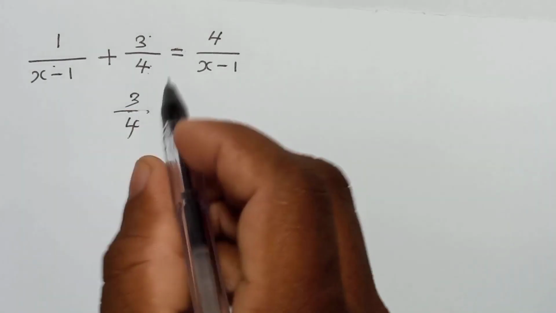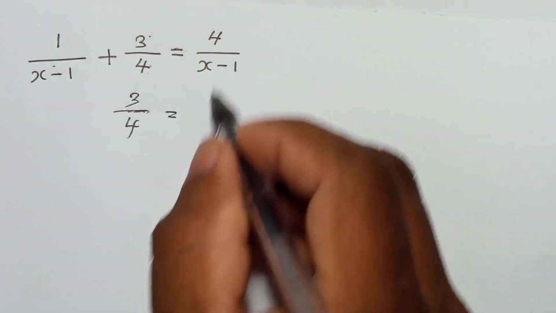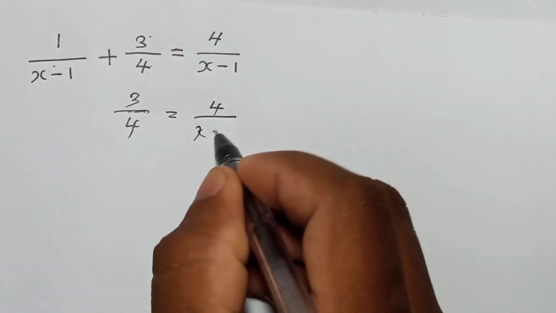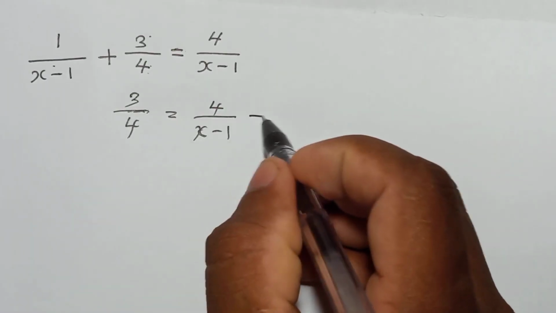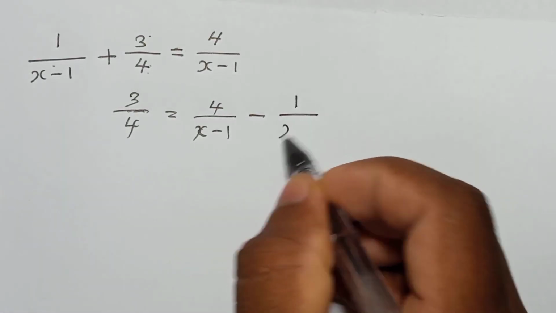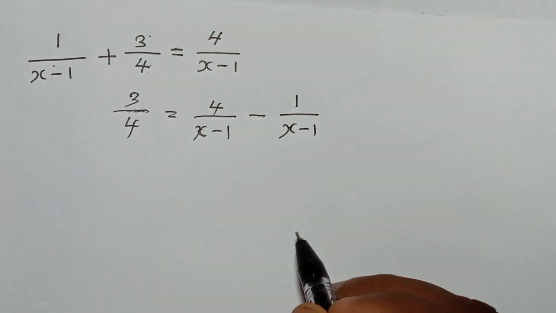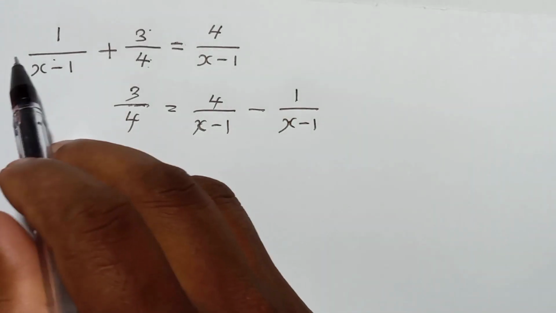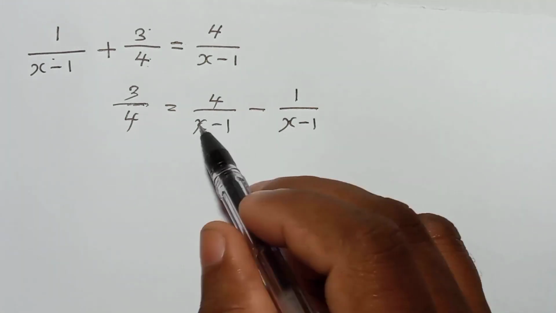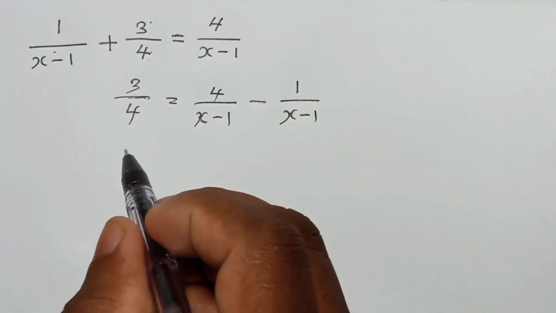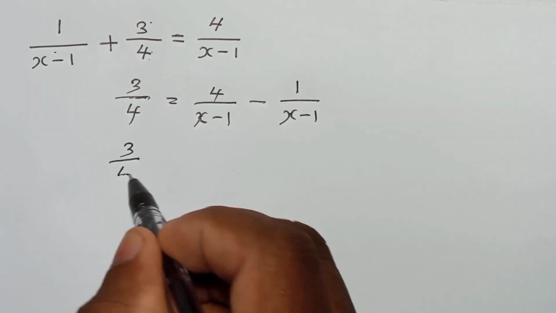Now this term I will bring to this side, that means minus 1 over x minus 1. Now you can see this is plus, so I brought it here, now minus. Now you have the same denominator already, so directly you can write 3 over 4.